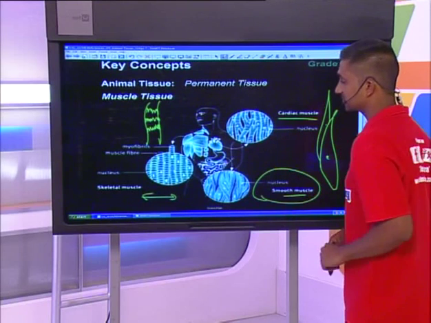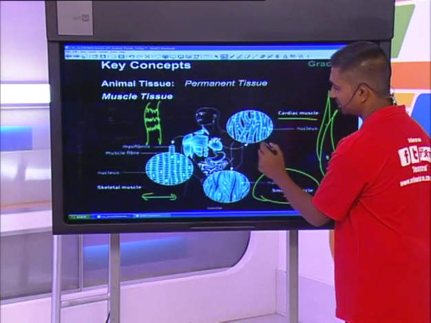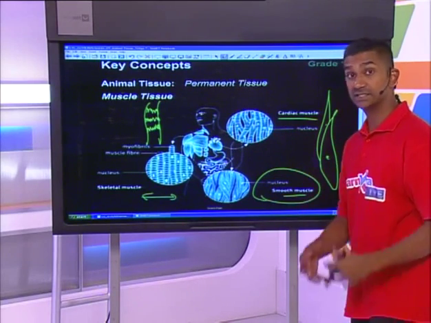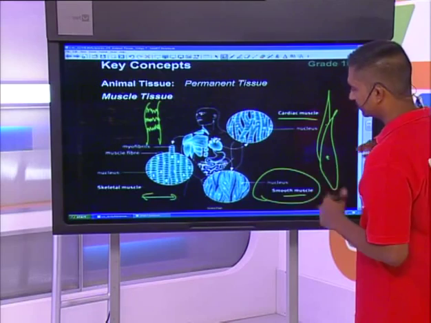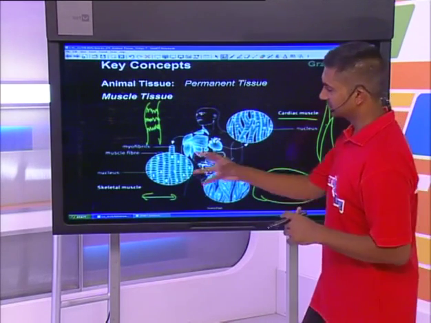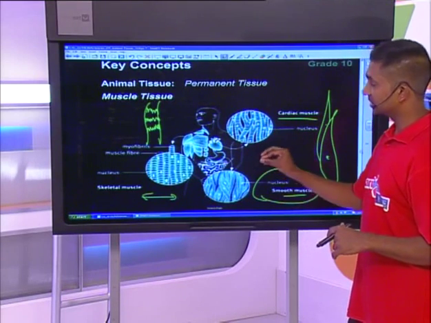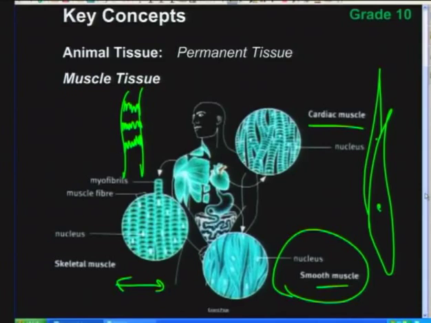And the characteristic of cardiac muscle is that, if you look here, you see branching and intercalated discs. The very distinct difference between these two is that they show clear striations with intercalated discs.